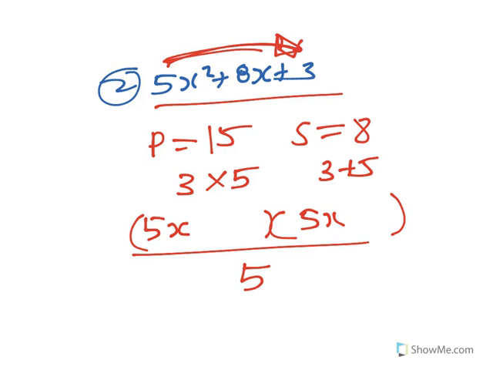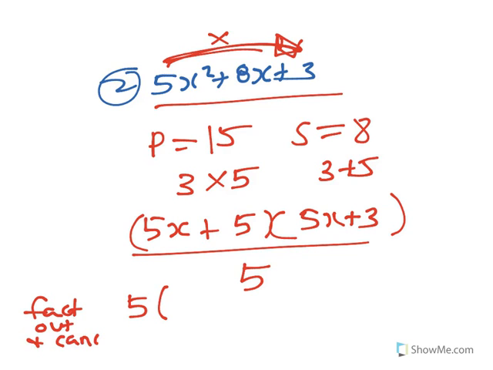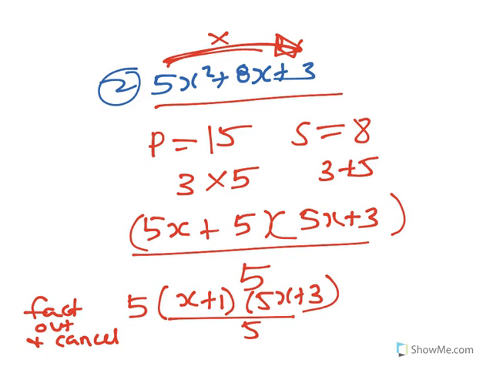The extra factor of 5 comes in when you multiply 5 times 3. So the two numbers are plus 5 and plus 3. And then you factorise and cancel the denominator out. So that's x plus 1, 5x plus 3, over 5. They cancel and you get x plus 1, 5x plus 3.